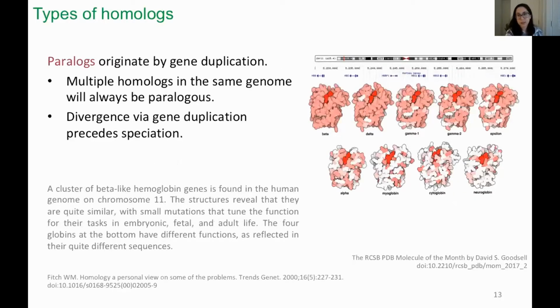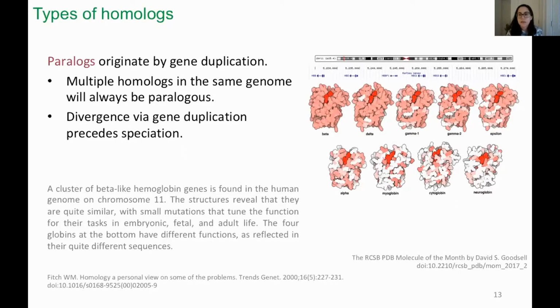The other type of homolog are paralogs, and paralogs are genes that originate by duplication, and multiple homologs in the same genome will always or almost always be paralogs.